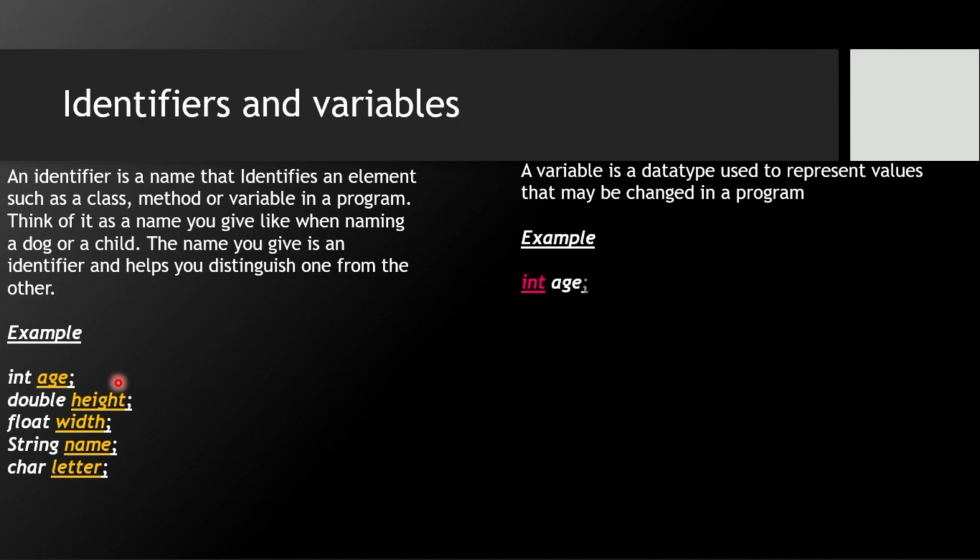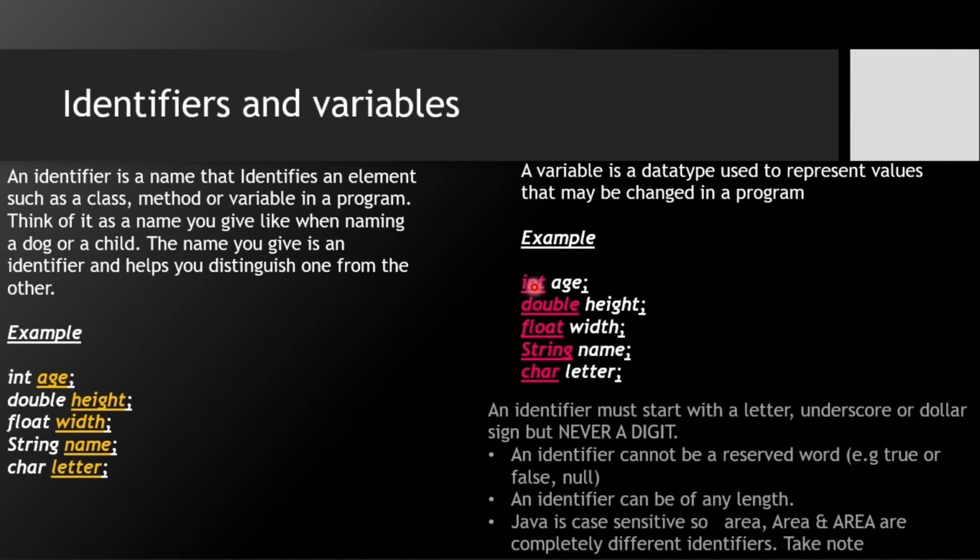For example, we could say int is a data type, right? So int is a data type, double is a data type, float, string, and char are data types, right?